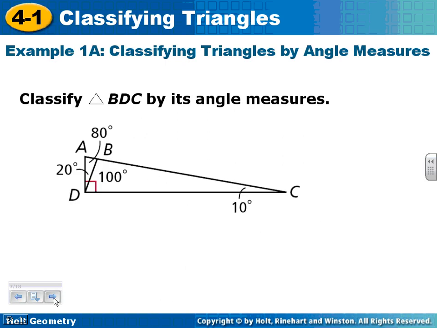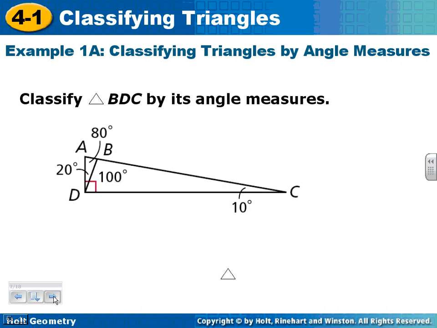Classify triangle BDC by its angle measures. BDC, let's draw this in here. It's this one right here. Be careful because it's not the entire one. I see an angle of 100 right there, which is obtuse. If it has 1 obtuse angle in it, this means that triangle must be an obtuse triangle.